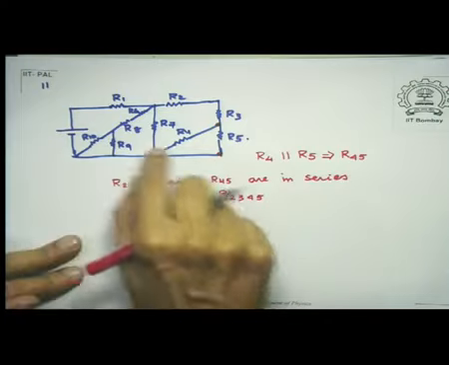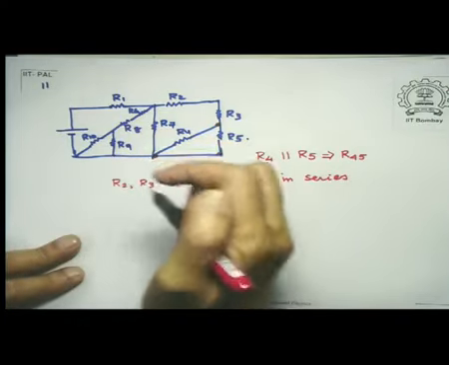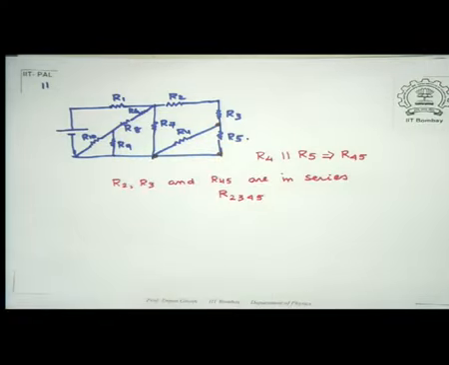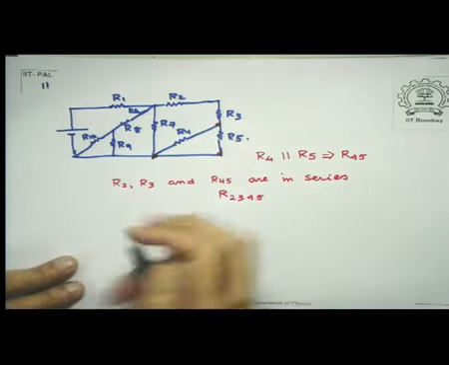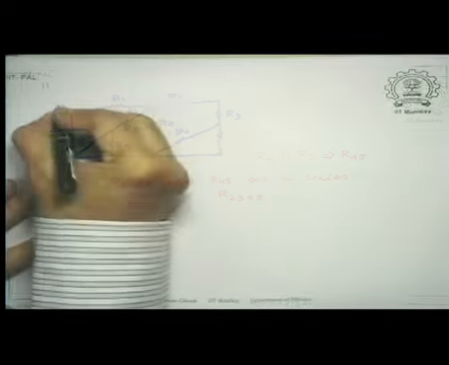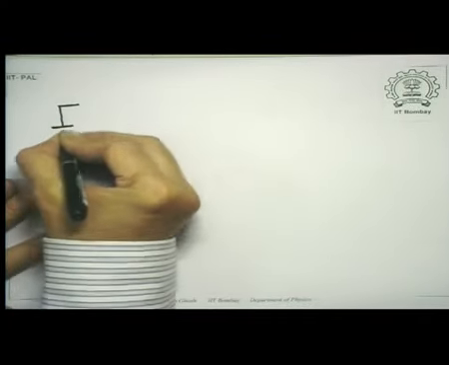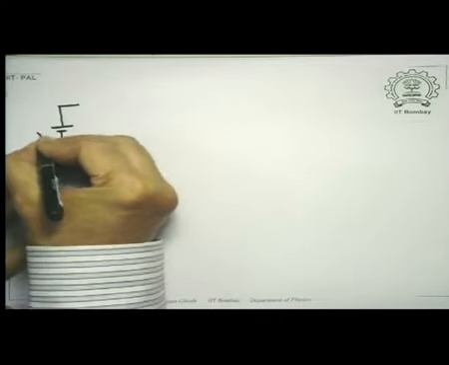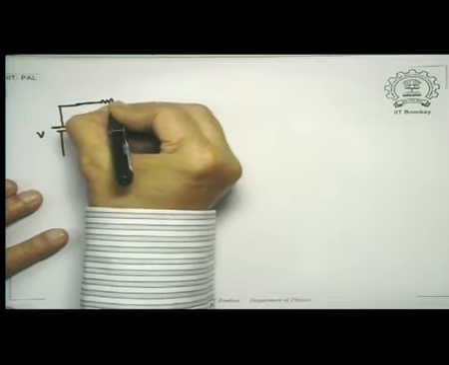Now there what I do is this, that I replace this whole thing with the following circuit. It's becoming a little clumsy, so let me redraw the equivalent circuit at this stage. This is V. I had a R1 there.